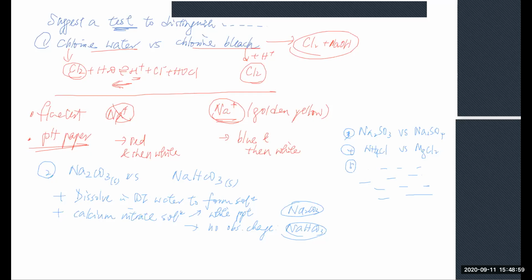Just like chlorine water, can we say that chlorine water doesn't contain chloride? The answer is no. We still have chloride. Chlorine bleach, do we just have hypochlorite ion but not chloride? The answer is no. We still have chloride. We have a mixture of all other different substances in which it exists as equilibrium.